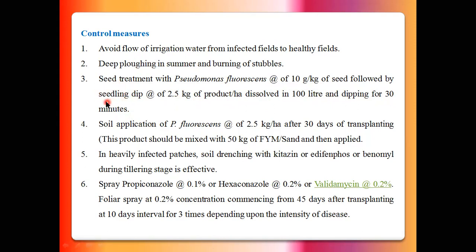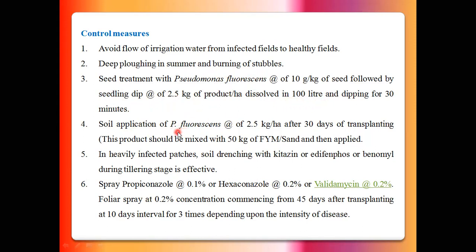So these protect the seedlings uprooted from the nursery bed area. The uprooted seedlings from the nursery bed are immediately dipped in the prepared solution of Pseudomonas fluorescens, so you can control the disease.